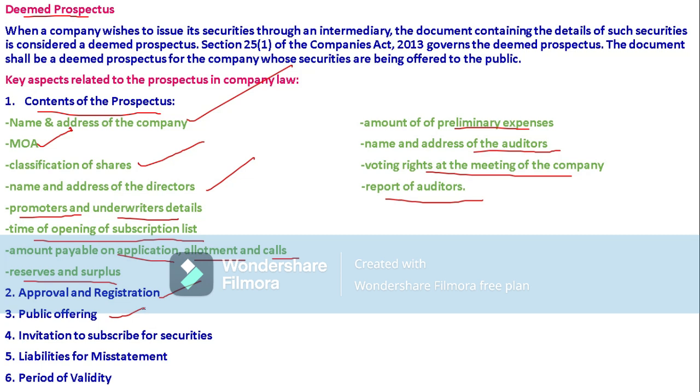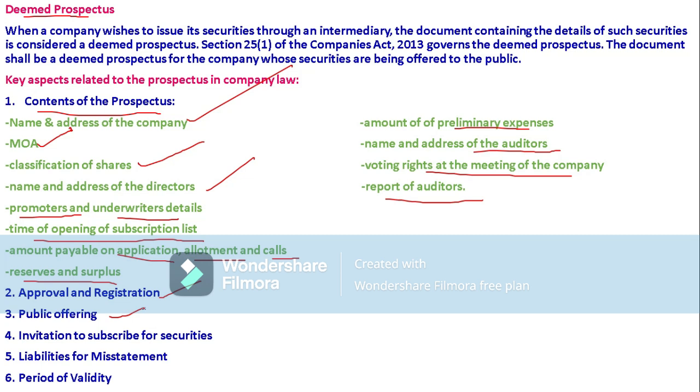This is in contrast to a private placement. Private companies cannot go for a public issue. In a private company, securities are offered to a selected group of investors only. But in a public offering, there is no selected group of investors.